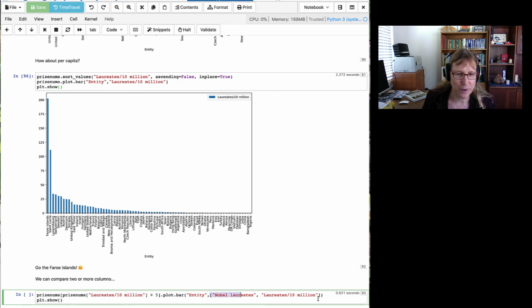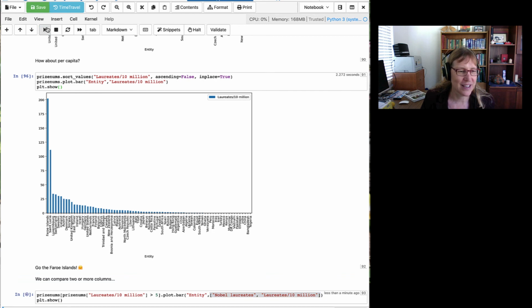We're going to have two things here on the y-axis. We're going to have the number of Nobel laureates and the number of Nobel laureates per 10 million. So combining those two things that we had earlier. So let's do that.